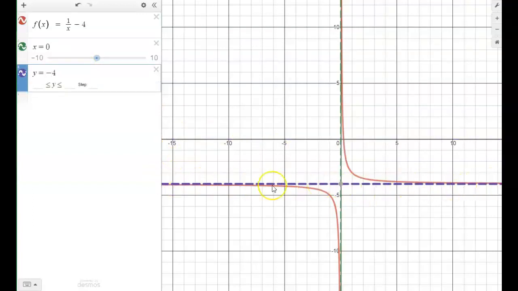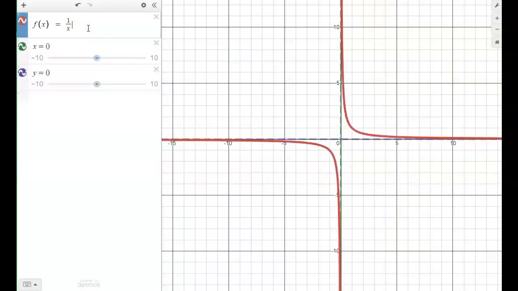Okay, so we've learned before that when we're doing transformations, if you add a number to your function or subtract a number from your function, that shifts it up and down. And in the case of these functions, that number you add or subtract basically tells you where your horizontal asymptote is going to be located. All right, so let's reset it back to where it was.